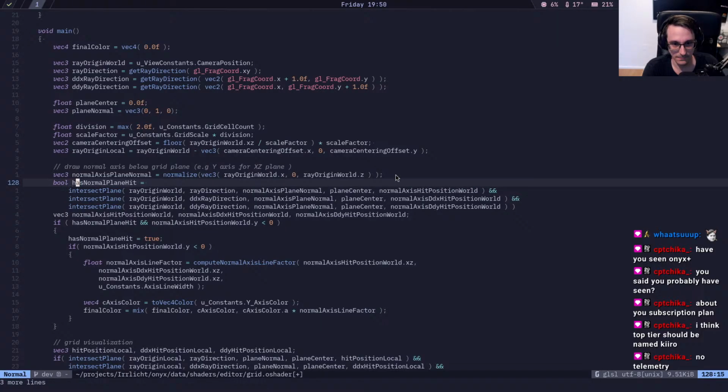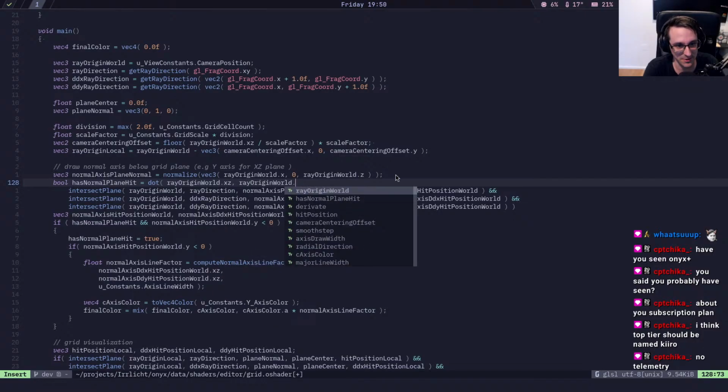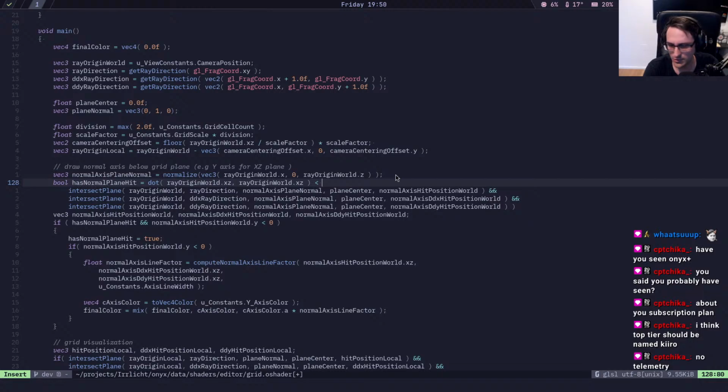And then we do here if the dot of the XZ, right? Of that 2D vector basically, and we do a dot because we wanted the squared distance. So that is basically the same as the squared distance, and if that is less than the squared distance of the threshold that we want, let's say 0.1f, then we want to render the normal axis, right?